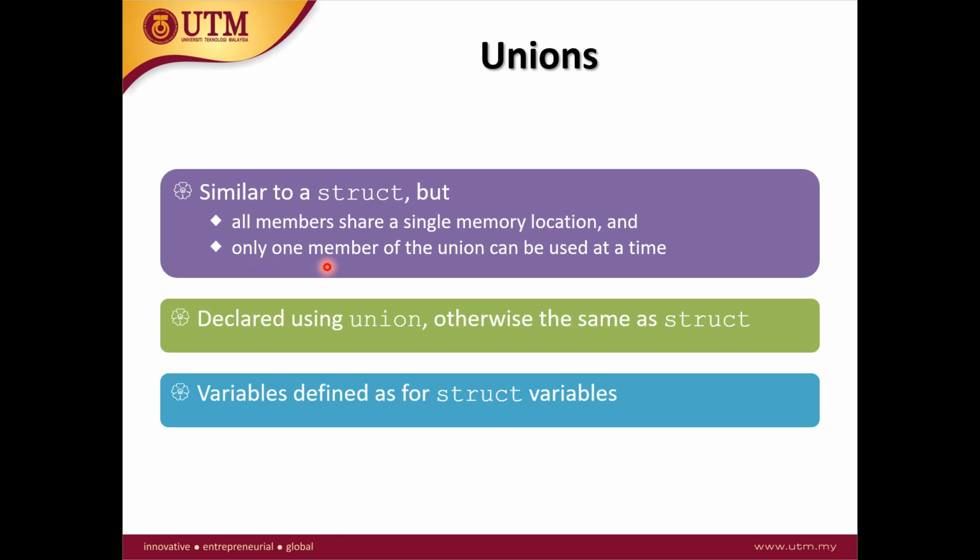You can only use one of them, because all of them are stored inside one memory location. So we need to declare using union, otherwise it's going to be a normal structure. You can define the variables of that union the way we have done for the structure.